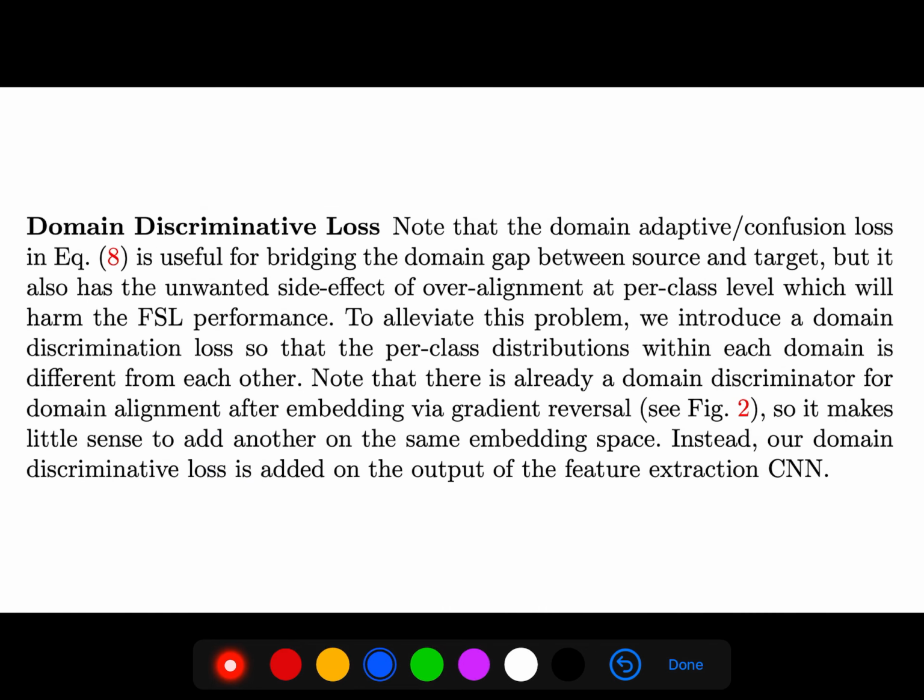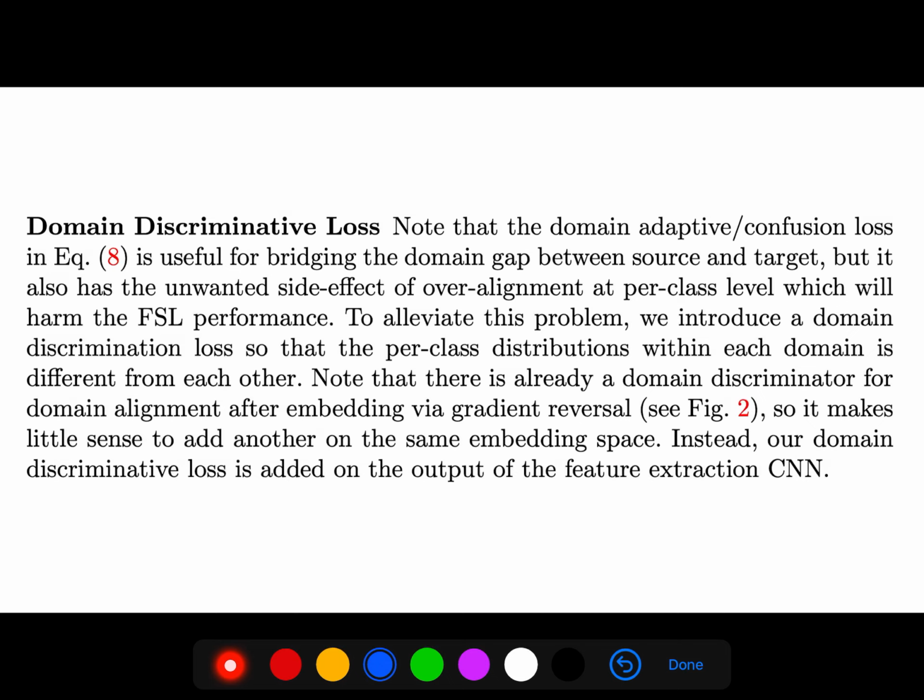Note that the domain adaptive confusion loss is useful for bridging the domain gap between the source and target, but it has the unwanted side effect of over-alignment at the per-class level, which will harm performance. To alleviate this problem, they introduce a domain discrimination loss so that the per-class distribution within each domain is different from each other.